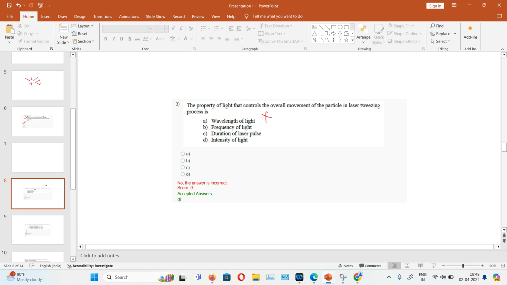Frequency of the light. Wavelength and frequency are related in such a way that c by lambda is the frequency, or c by n lambda is the frequency, where n is the refractive index.